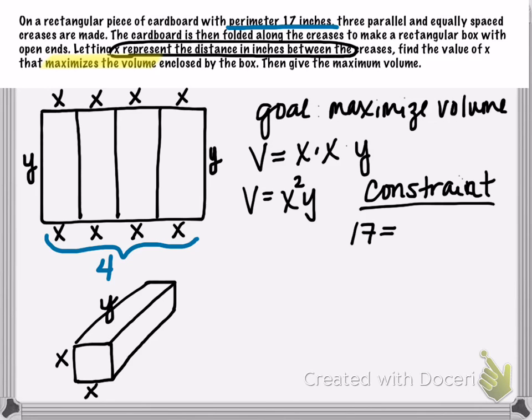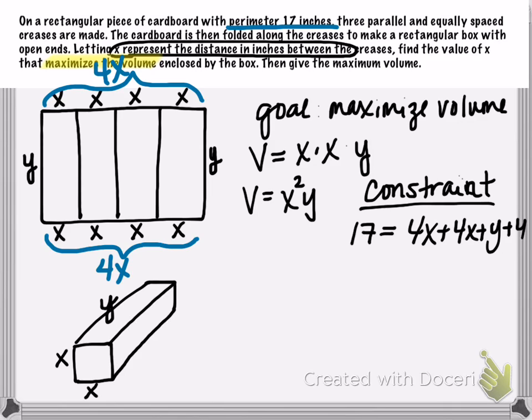In other words, that would be 4x. Same with the opposite side. That's also going to have a length of 4x. So we're going to end up with 4x plus y plus y. If you look at the four sides of my rectangle, we'd have 4x plus y plus y. In other words, we have 17 is equal to 8x plus 2y, as your constraint equation.